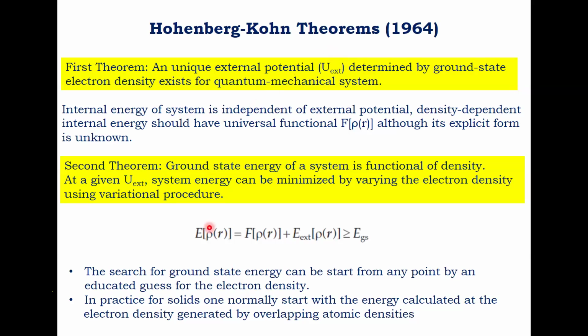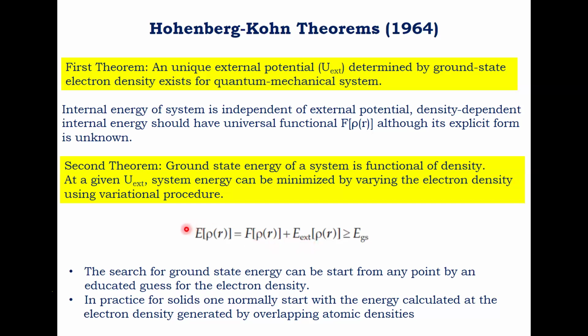The ground state energy as a function of density is given by F[ρ(r)], where F[ρ(r)] is the universal functional, meaning every system has a universal functional available, plus the external energy functional, which is the electron-nuclear interaction energy part.